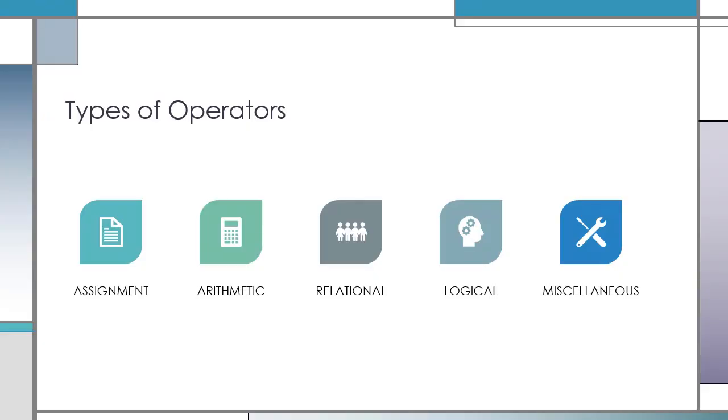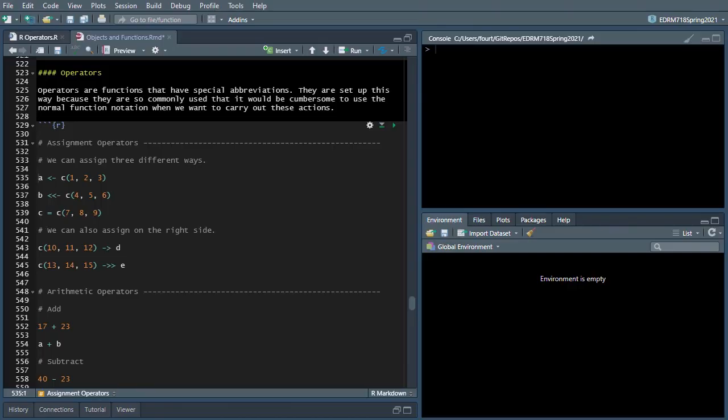There are 5 basic groupings for operators: assignment, arithmetic, relational, logical, and everything else, which we'll call miscellaneous. So we're going to look at each of these groupings in turn. Let's start with assignment operators.